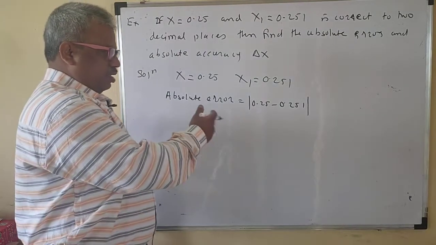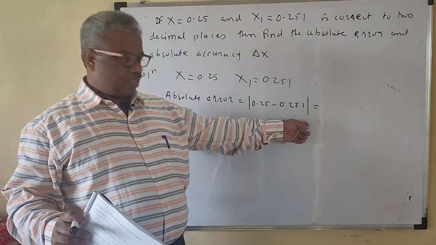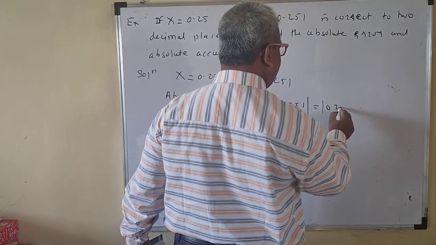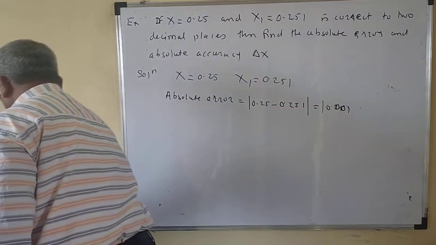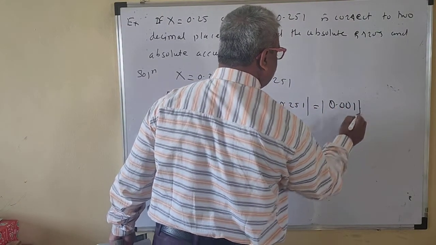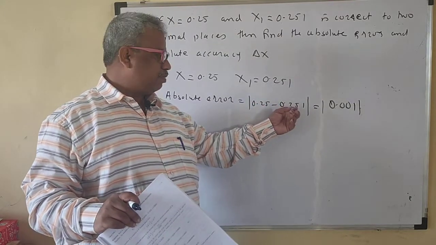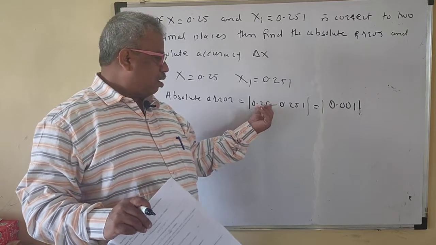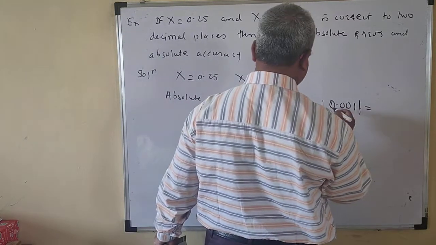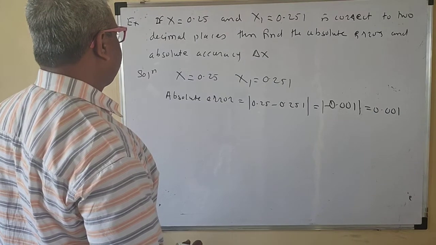Easily you will see that this number is bigger, so we subtract the smaller number from the bigger one and we get 0.001. The result is actually negative, so you have to make it positive because it is an absolute value.